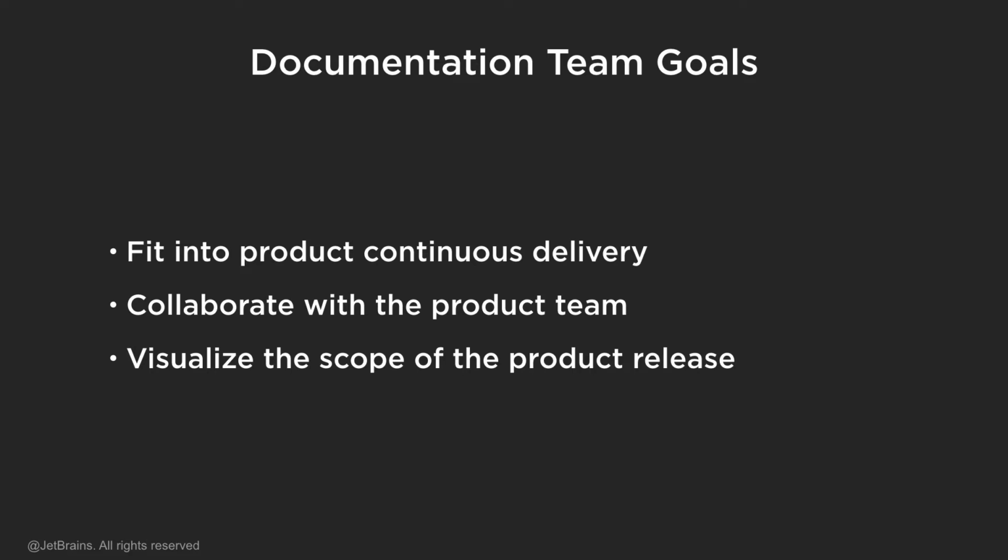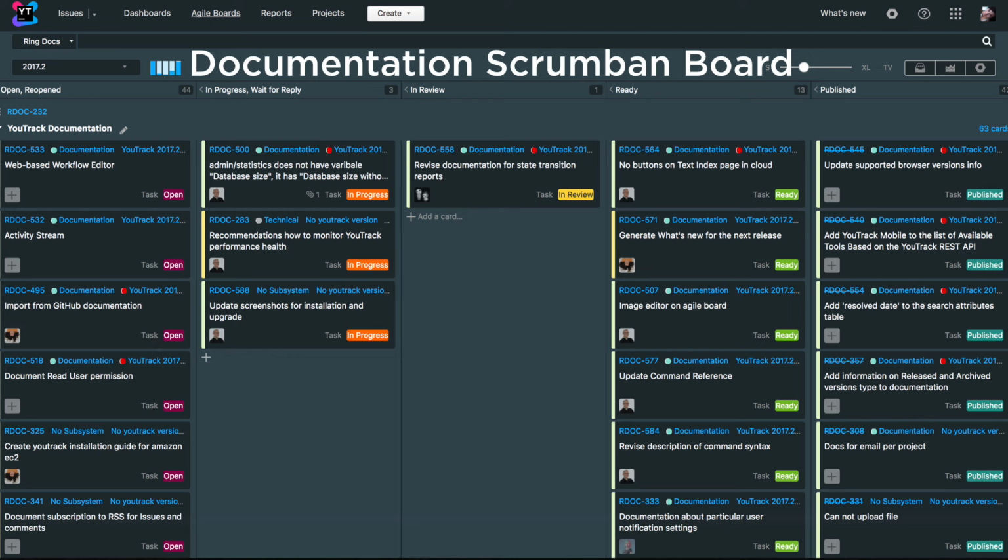For every product, Hub and YouTrack, we had 4 major releases this year, and we also had some minor bug fixes that sometimes require updates in the documentation. So the goal for the documentation team is to get all the documentation ready before the release. The other goal is that they need to collaborate with the product team, and they wanted to visualize the scope of their tasks for the product release.